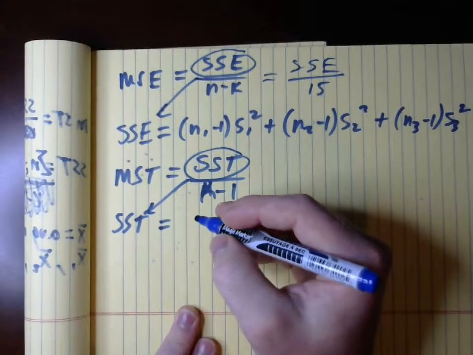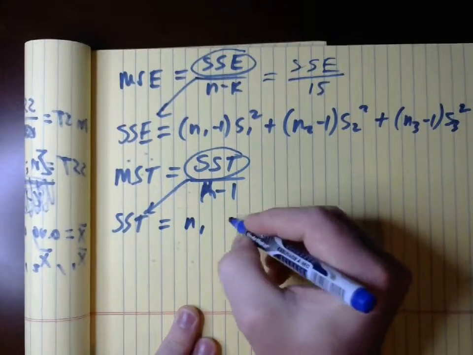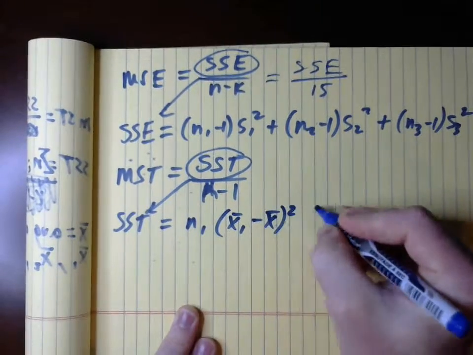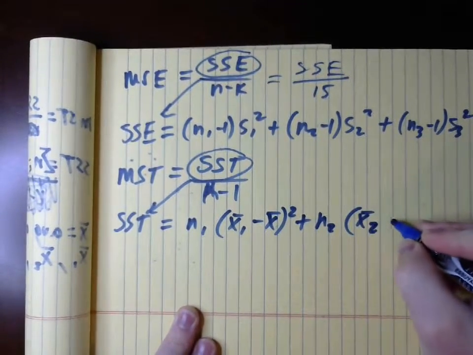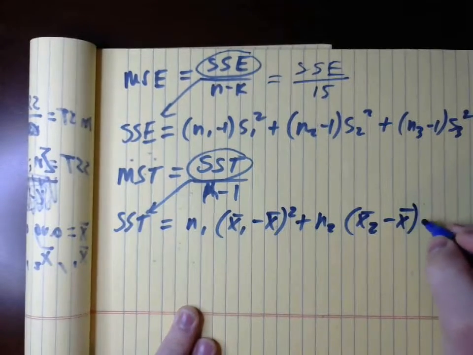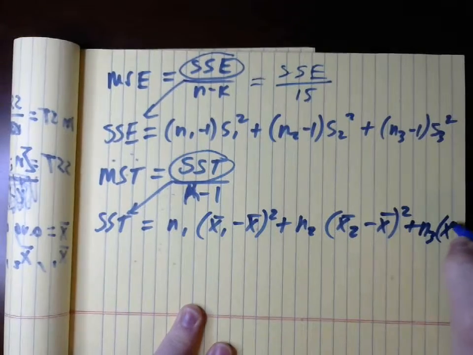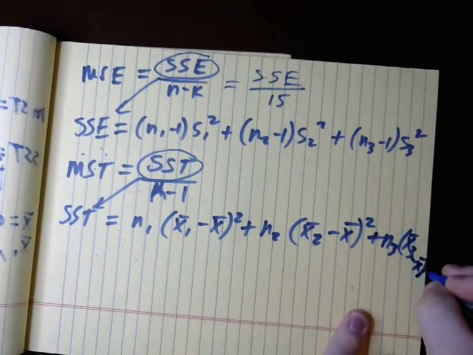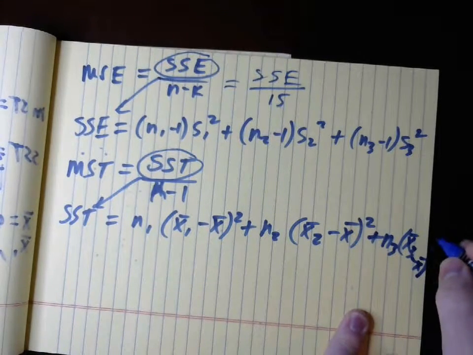The SST is equal to N1 times x bar 1 minus x bar squared plus N2 times x bar 2 minus x bar squared plus N3 times x bar 3 minus x bar, and then square that.